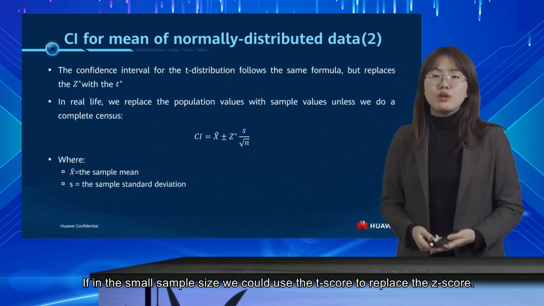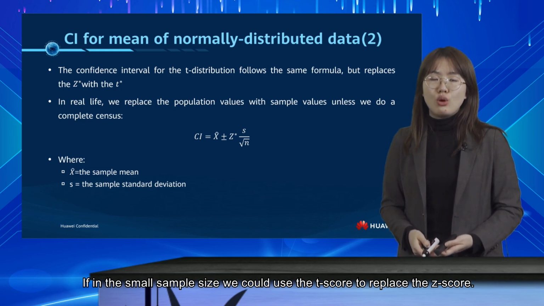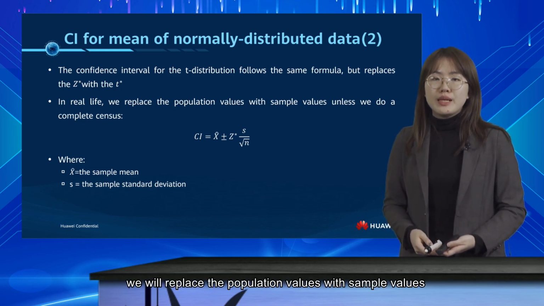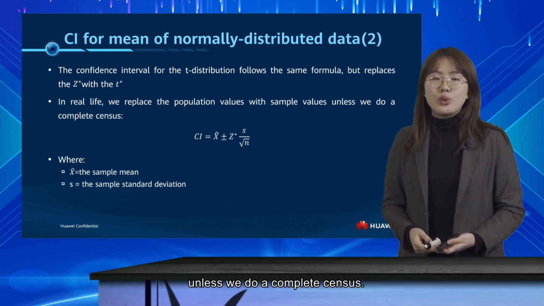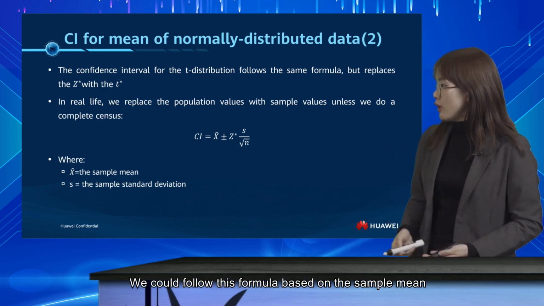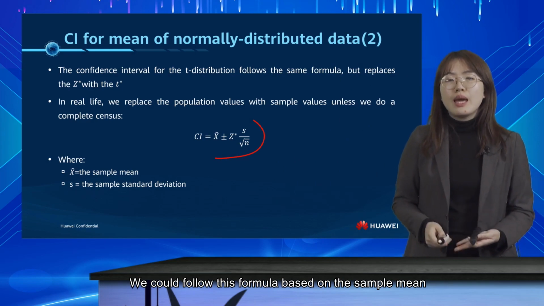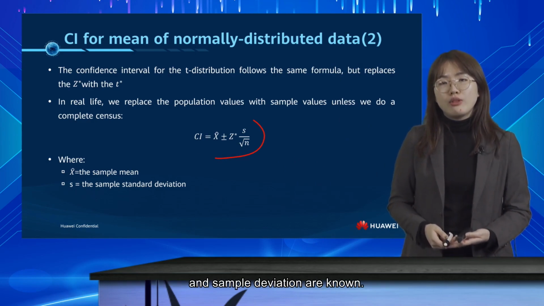With a small sample size, we could use the t-score to replace the z-score. In real life, we replace the population values with sample values unless we do a complete census. We could follow these formulas when the sample mean and sample deviation are known.